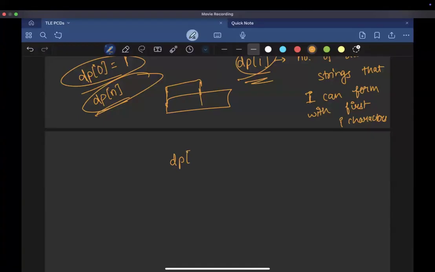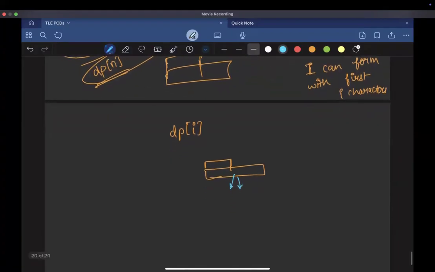As for the transitions, if you know the answer for the first i characters, here you have two choices for the next character. Either you apply an operation on the ith index or you don't.